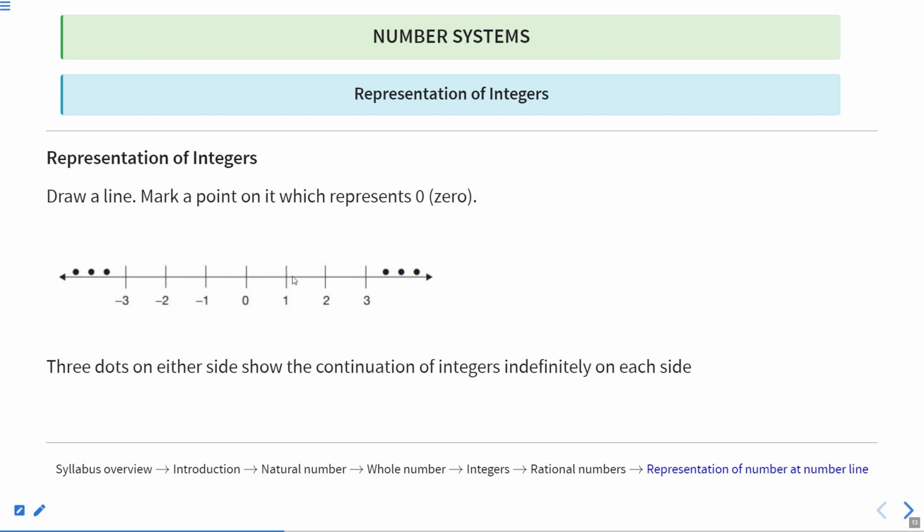We place 1, 2, 3 on the right side of 0 at equal intervals of length, and we place -1, -2, -3 and so on on the left hand side of 0, also at equal intervals of length.